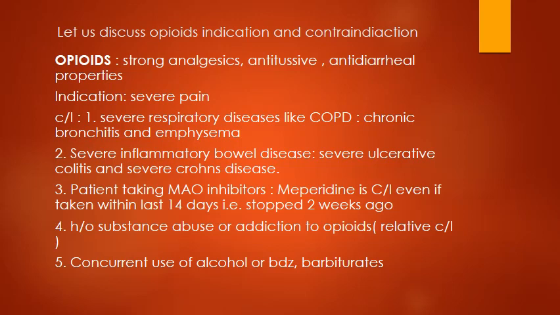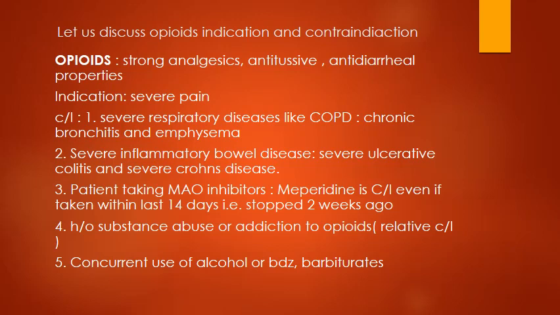So always know these terms really well, because if they have mentioned these things in the history, then you will not prescribe opioids. What happens in chronic bronchitis, as we know, is inflammation of the bronchial tubules, and this causes shortness of breath, coughing, mucus production, and wheezing.